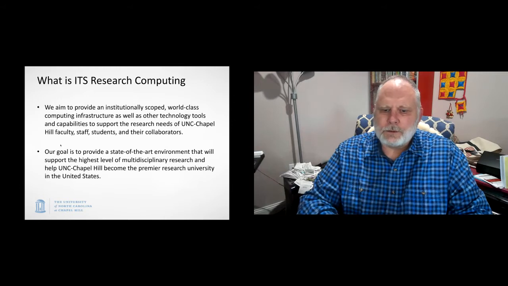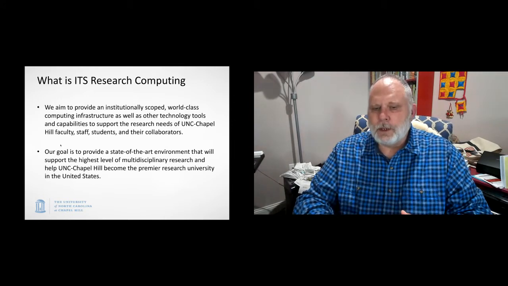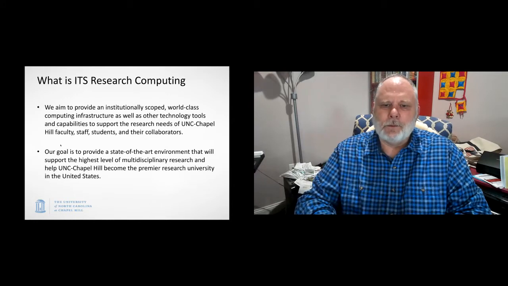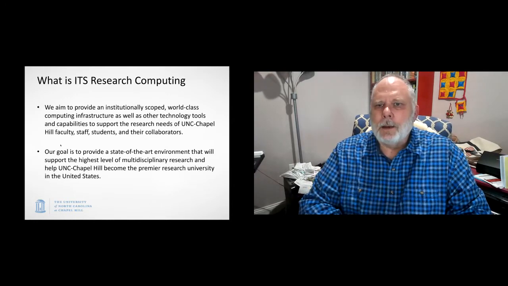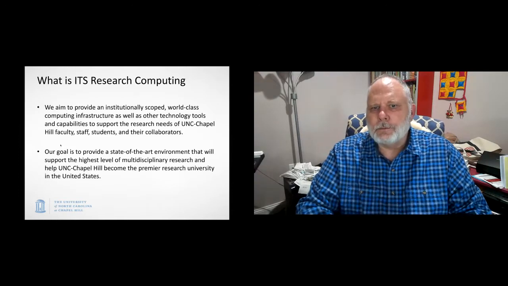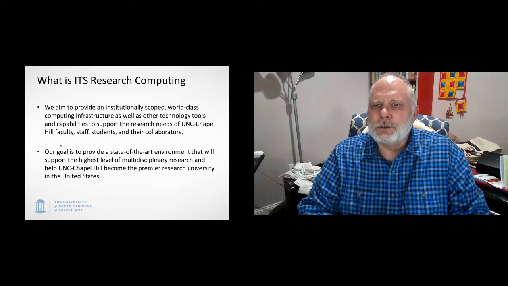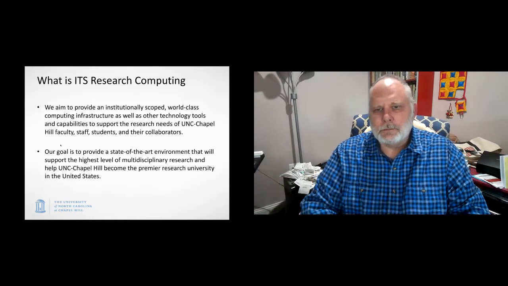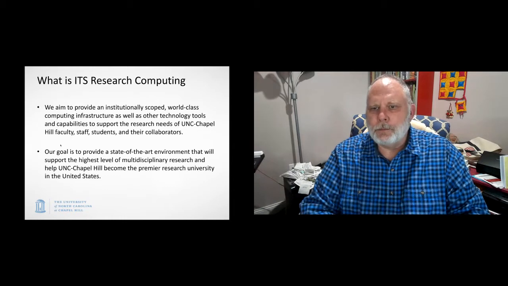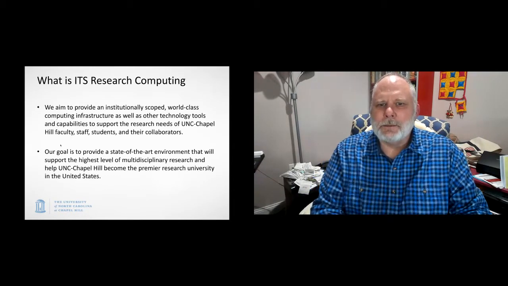So the win with this is that anyone who wants to start their research and needs compute resources doesn't have to find funding to do so. Our goal is to provide a state-of-the-art environment that will support high-level multidisciplinary research, and of course, help us become the premier research university in the United States, because that's what we all want to be, right?